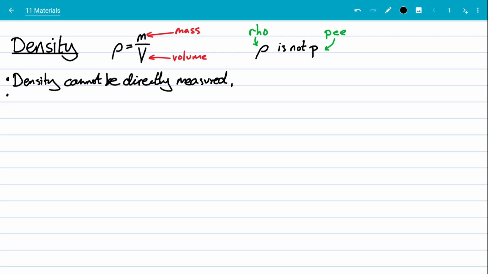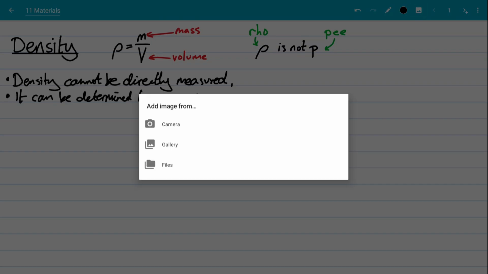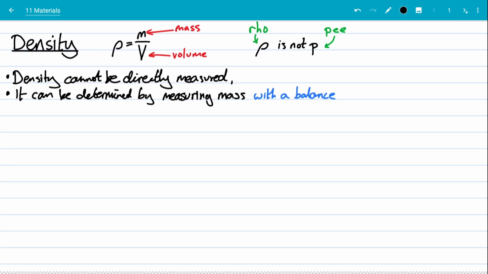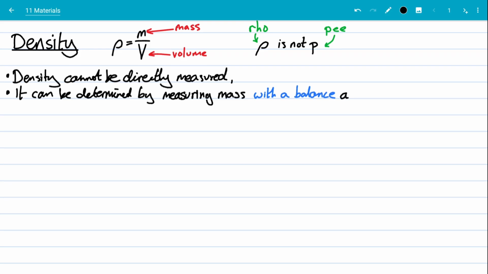It can be determined by measuring mass with a balance and determining the volume.